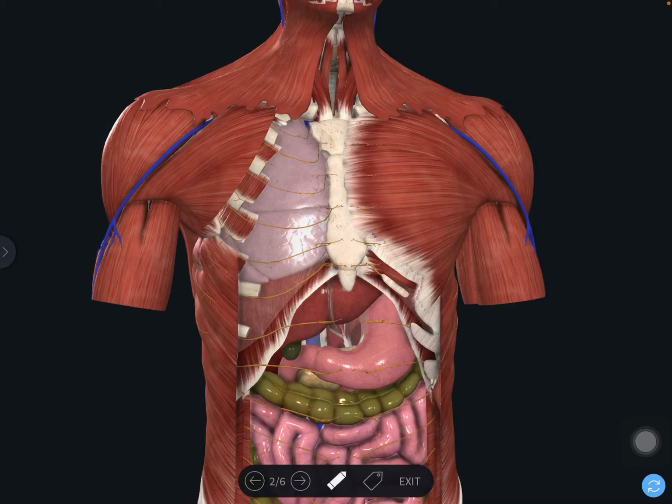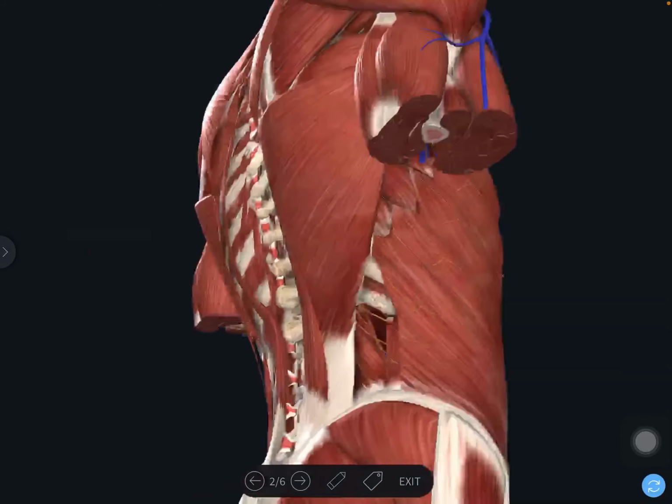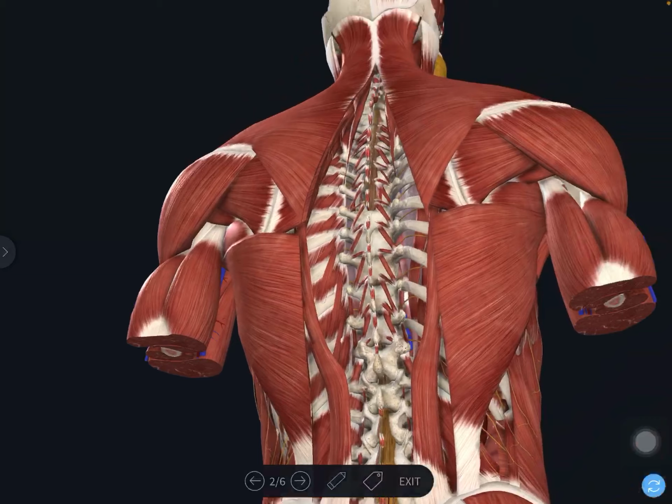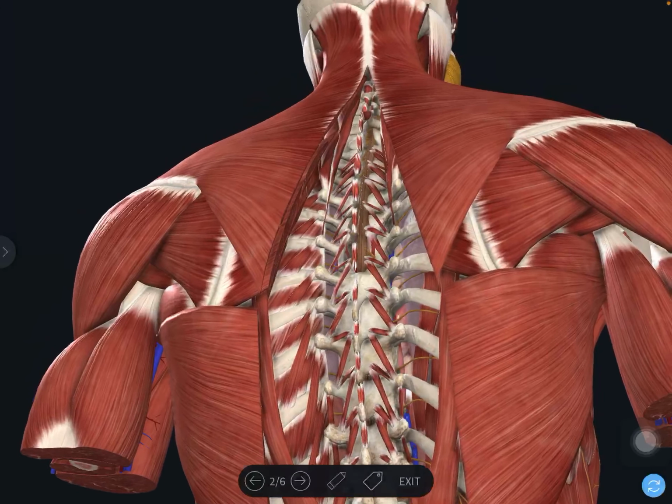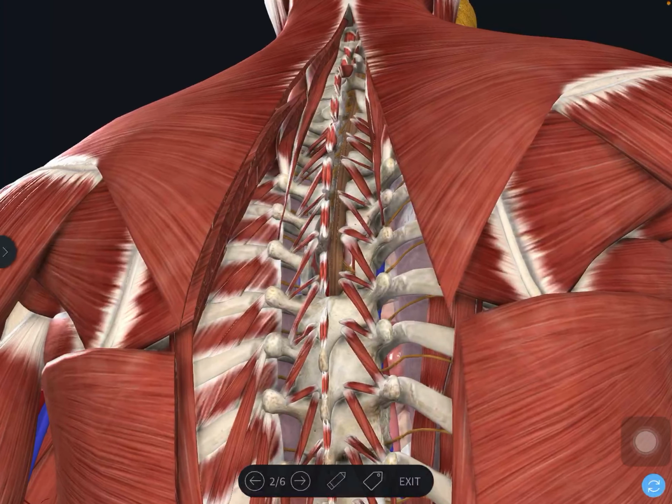Now we will see the course of a typical intercostal nerve. The nerve passes through the respective intervertebral foramen. So the nerve comes out through the respective intervertebral foramen here. Appears in the posterior part of the intercostal space. So this is the posterior part of the intercostal space.